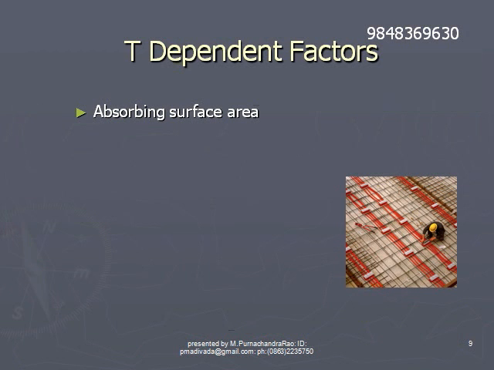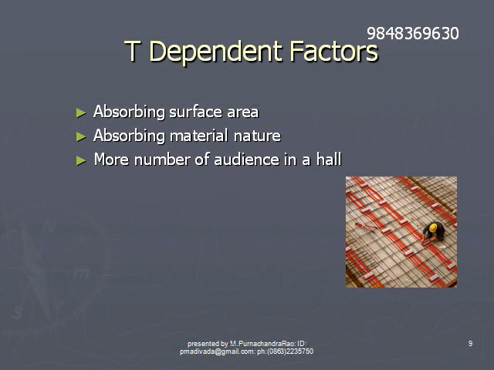Sometimes we spread carpets, so the nature of the carpet matters, and the surfaces that are present. If the surfaces are hard surfaces, then most reflection takes place. The reflection will be higher if hard surfaces are present. Soft surfaces absorb sound. So the reverberation time depends on the nature of the surfaces.